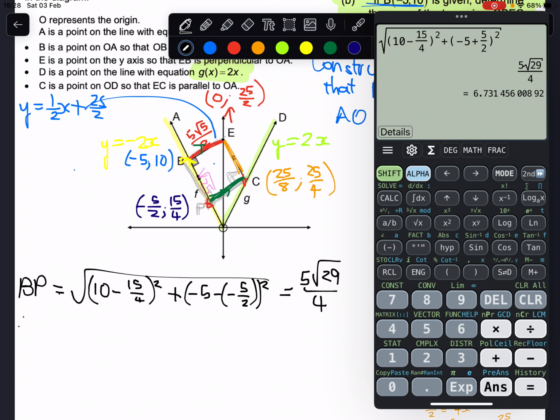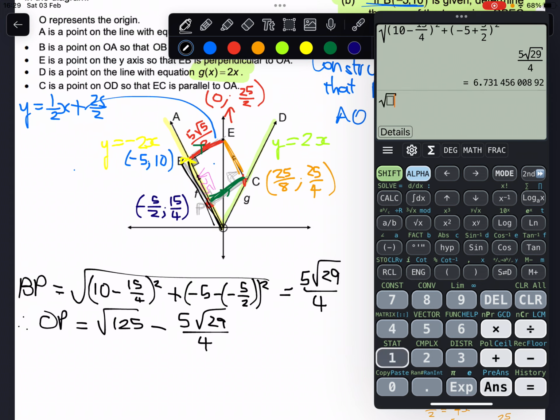And so therefore the length of OP is going to be root 125, right? Because remember, that's the length of BO. Oh, my undo is gone. Anyway, okay. Root 125 minus BP, which is 5 root 29 over 4. Okay, let's see what we get. So, root 125 minus the previous answer.